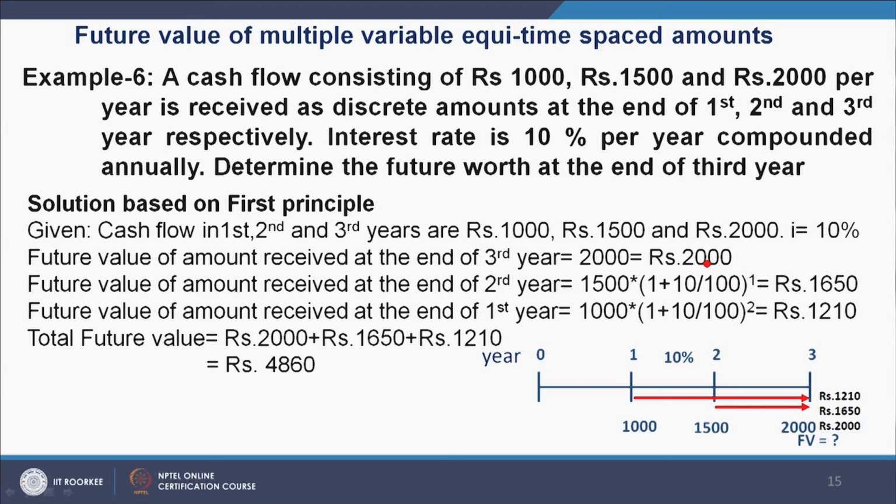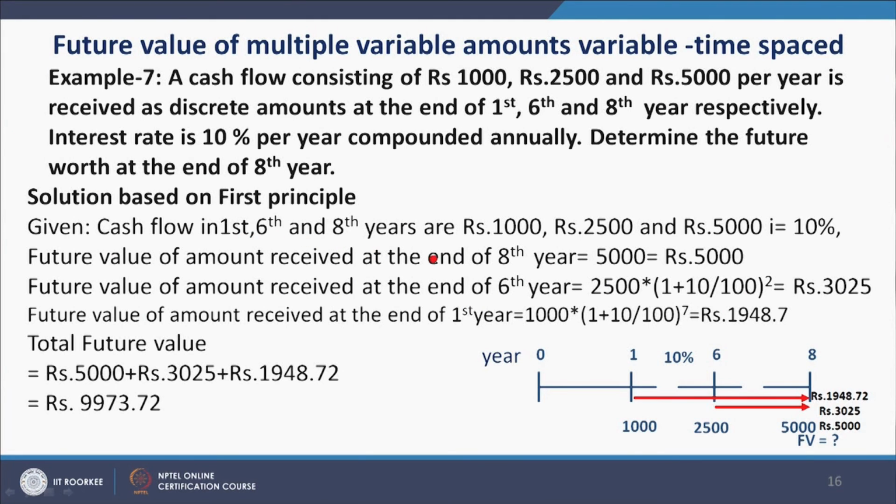So, if I add up these 3, 2000, 1650 and 1210, it comes out to be rupees 4860. So, the combined future value of all these 3 investments is 4860.